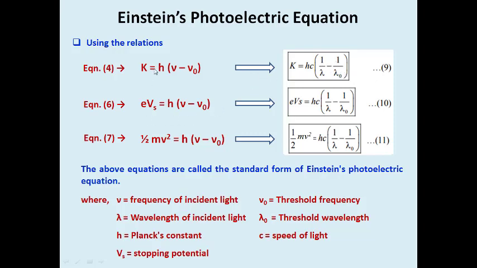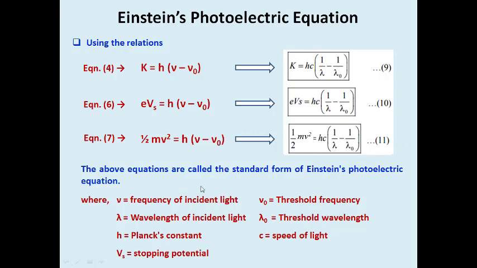Likewise, equation number 6 changes as in equation number 10. The same happens for equation number 7 also. So you get half mv square equal to hc times (1 by lambda minus 1 by lambda naught).